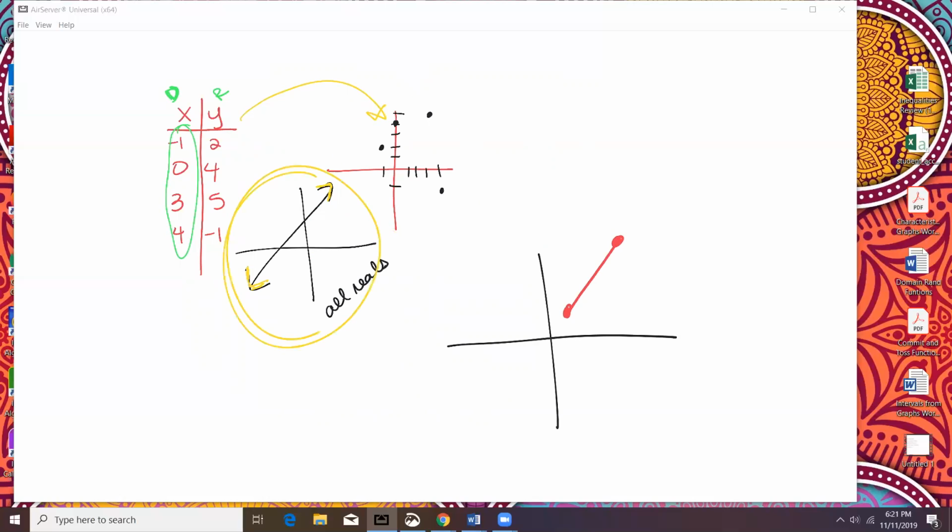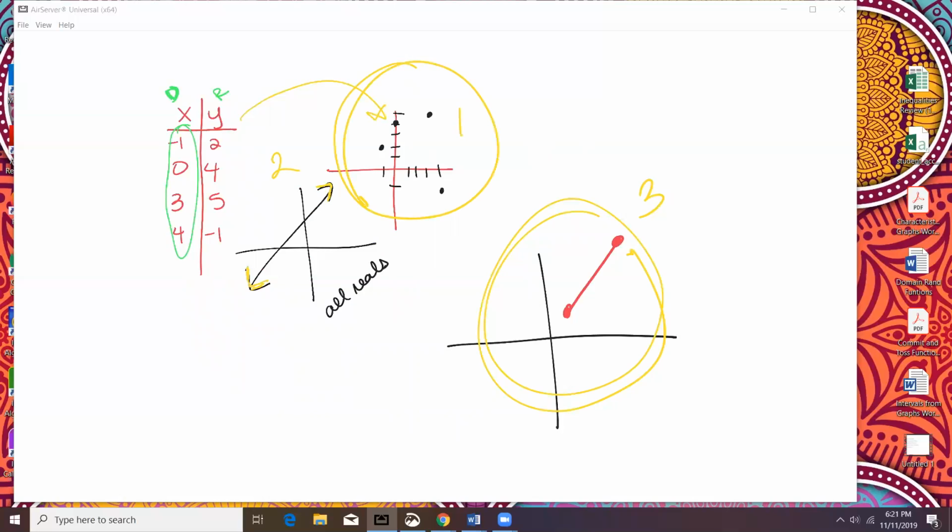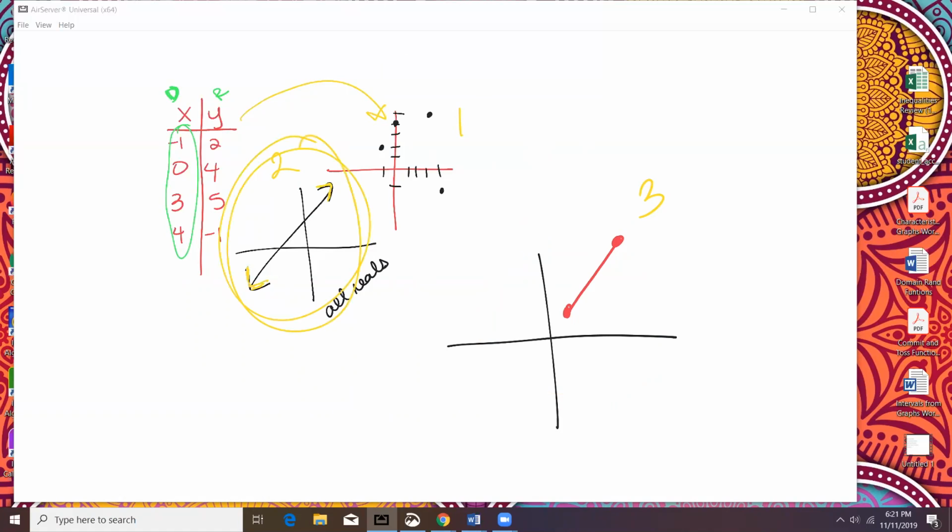Here you have all reals, so that's a pretty wide span. Like here's number 1, here's number 2, here's number 3. You have a wider domain in number 2 than in 1, where you only had these 4 numbers, but you still don't have as many as you do in option 3, where you've got unlimited domain.